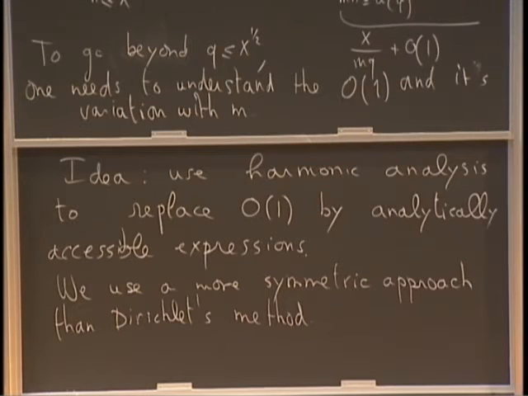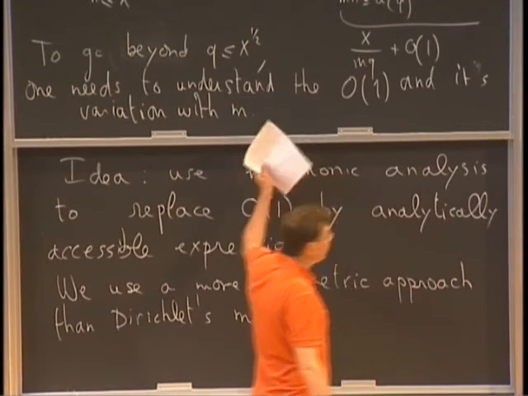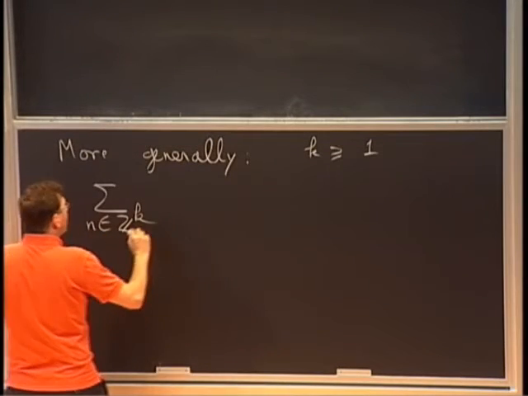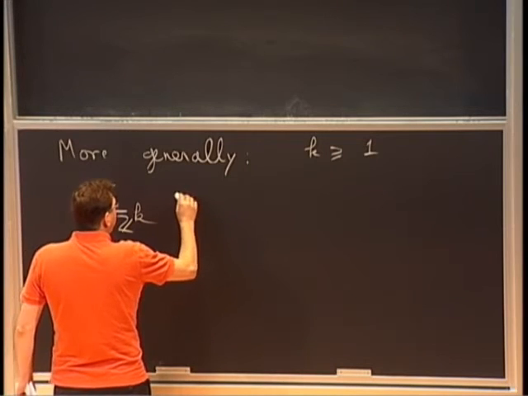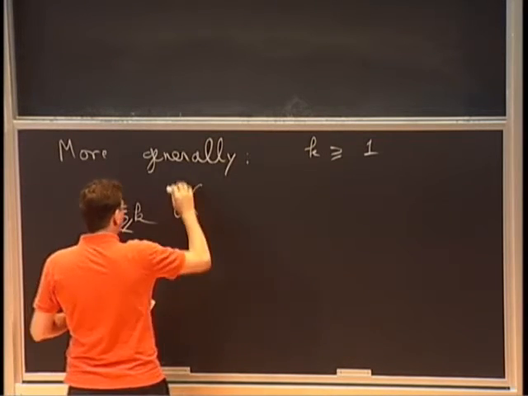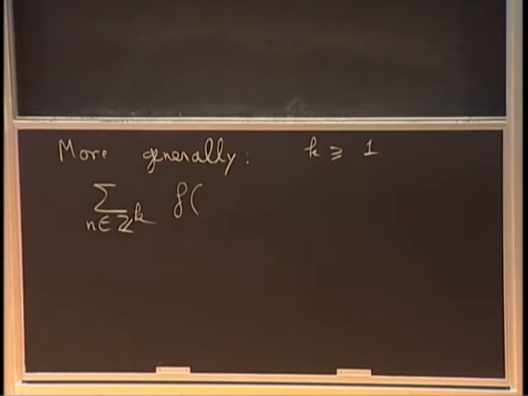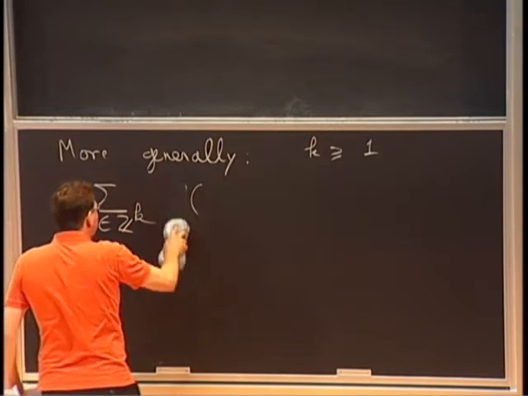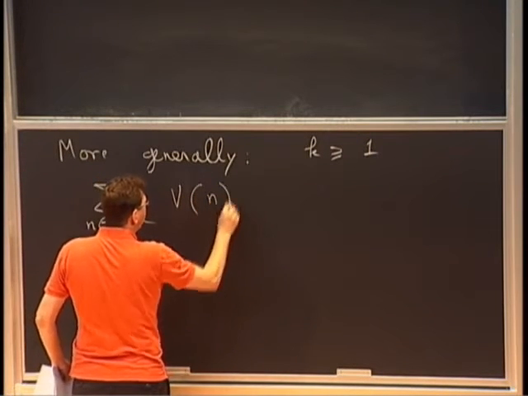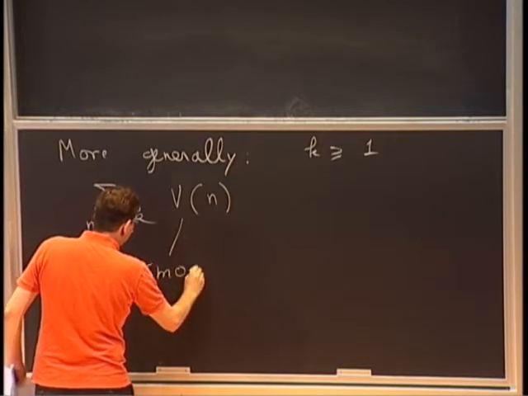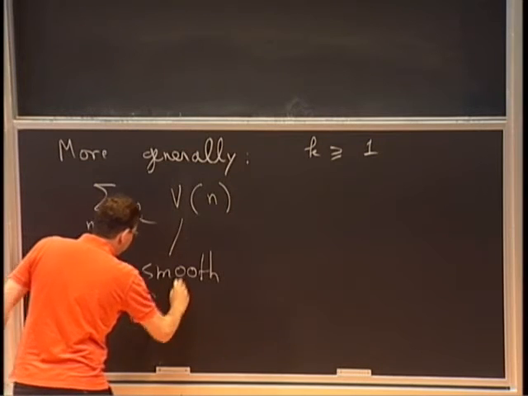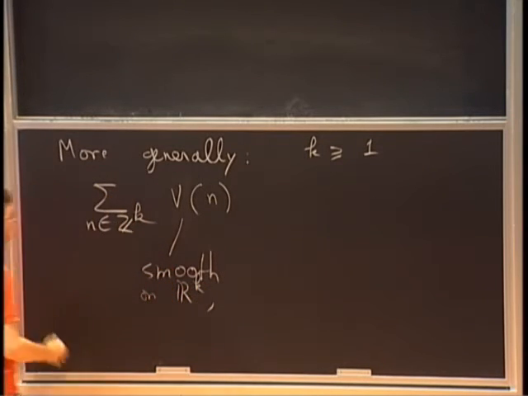So k is some fixed integer that in our application will be 2. So n is a vector with k components which are integers. And we're going to have some kind of a nice smooth function which I will call v and not f. So it's a function of n variable defined on R^k, sorry, and with very good decay properties.